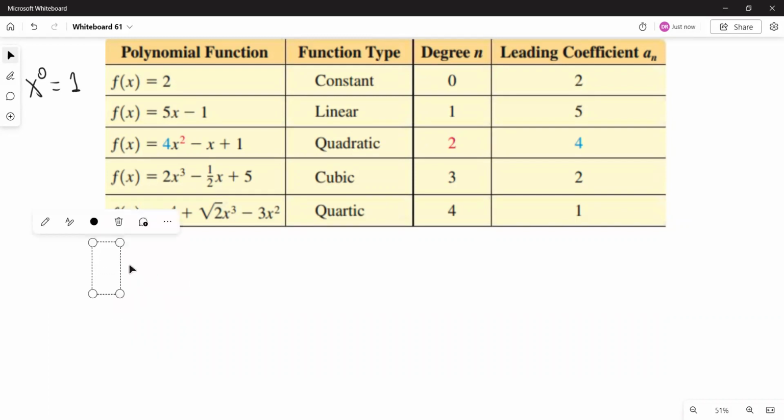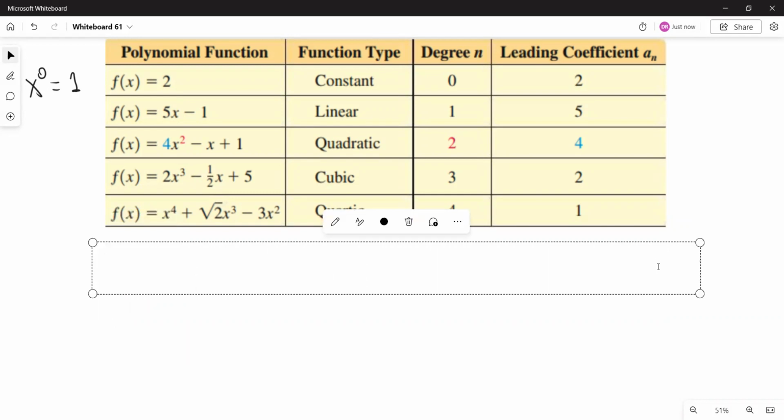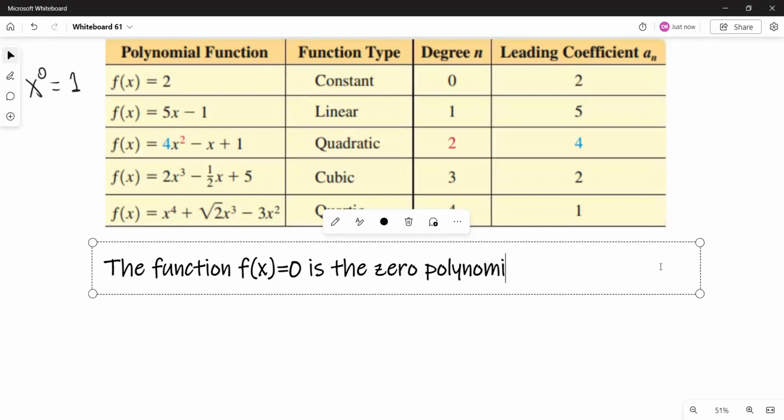So a constant function is a polynomial of 0 degree, and the function identically equal to 0, the function f(x) = 0, is the zero polynomial and has no degree.